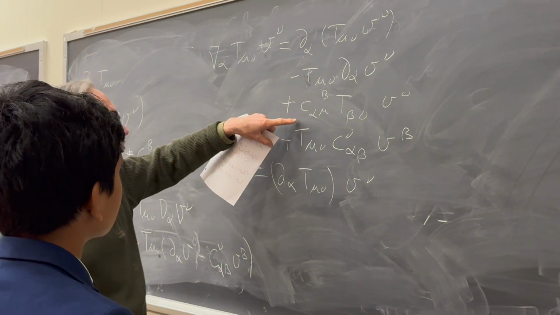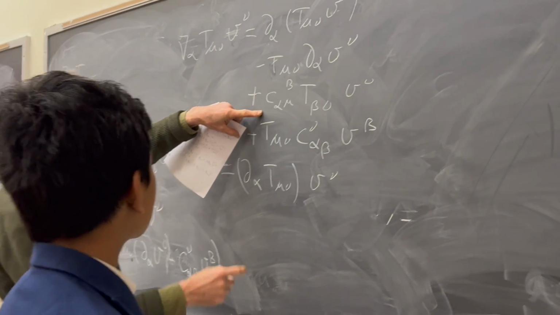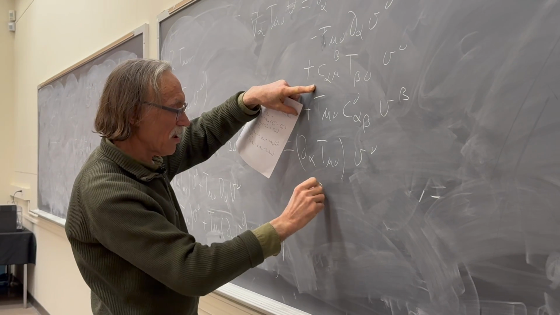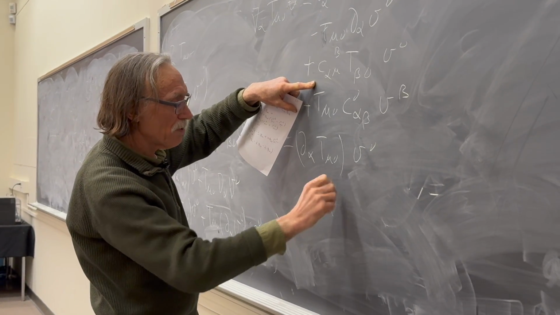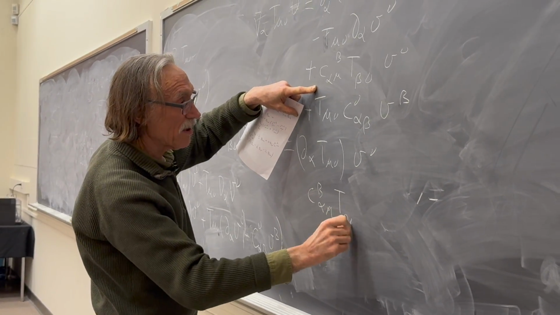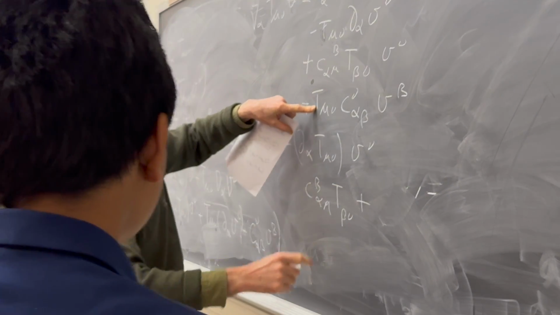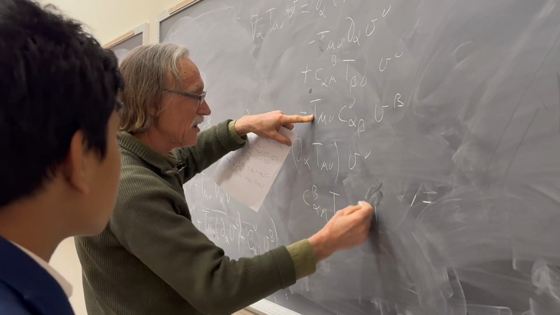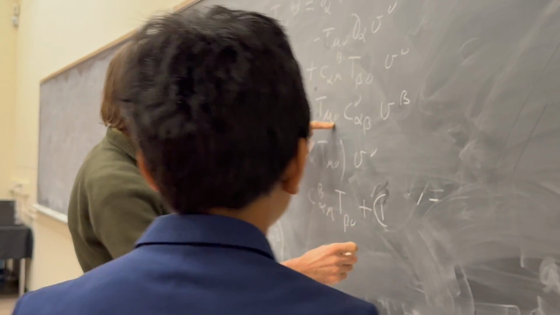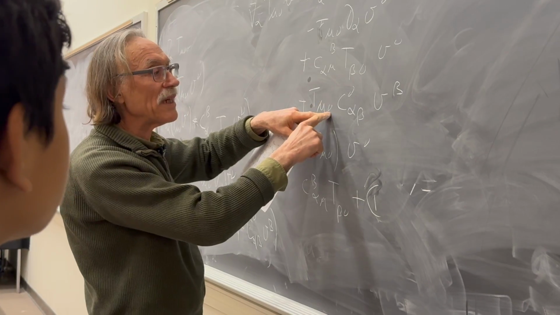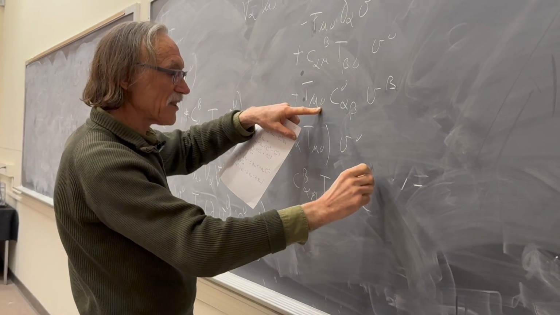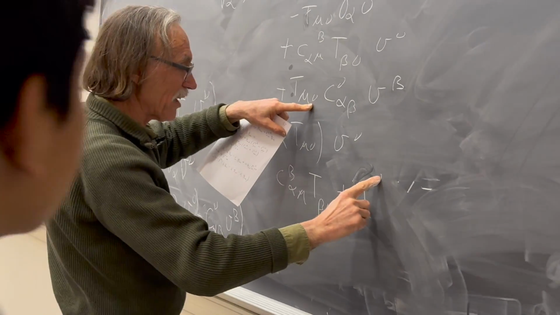And now we have two terms with these T's. So that is C beta alpha nu times T beta nu plus, and now we change the names of the indices. I call the nu a beta and the beta a nu. These are just dummy indices, so that doesn't matter.